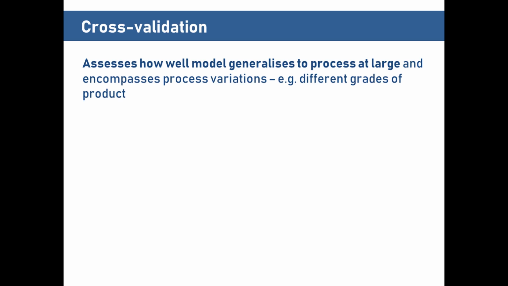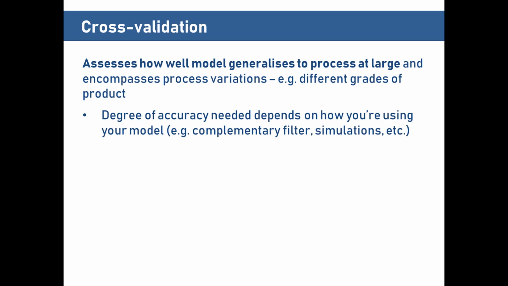Cross-validation is important because it allows you to evaluate how well your model generalizes to your process at large, and how well it encompasses process variations like different grades of product, for example. How well does your model need to fit both datasets? Well, it all depends on how you want to use your model.